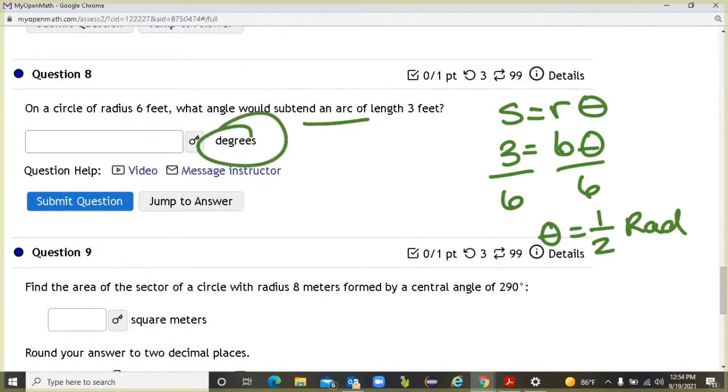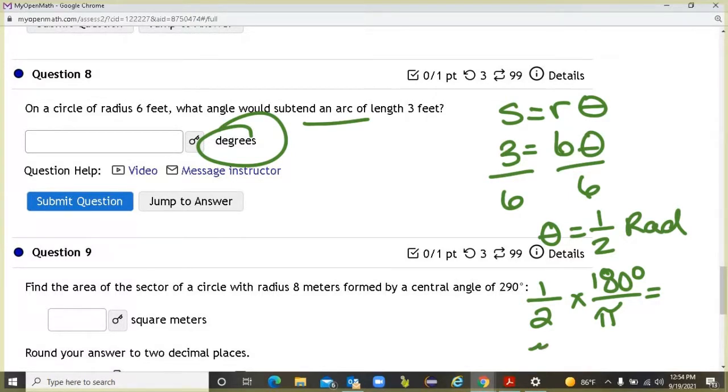So see, they're trying to trick us because they ask for degrees. So 1/2 radians, to convert that to degrees, it's going to be 180 degrees over pi. So they are asking for degrees. So we're going to do, let's see, 180 divided by my 2 pi.